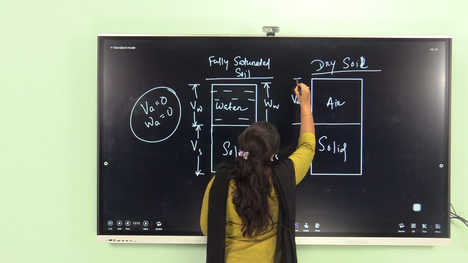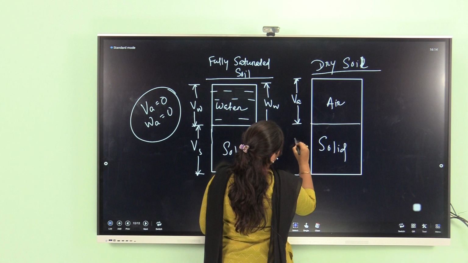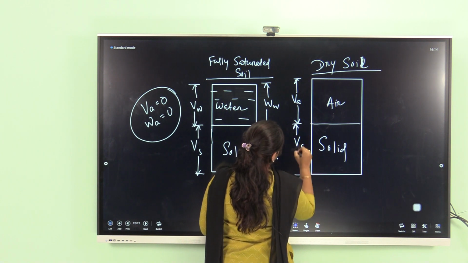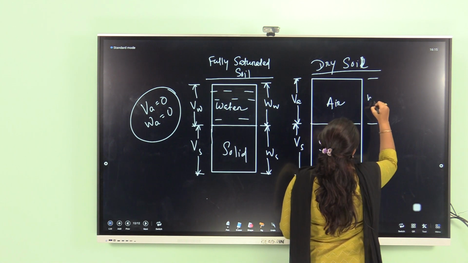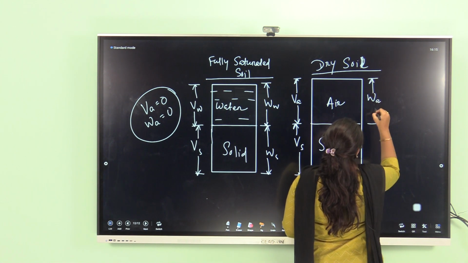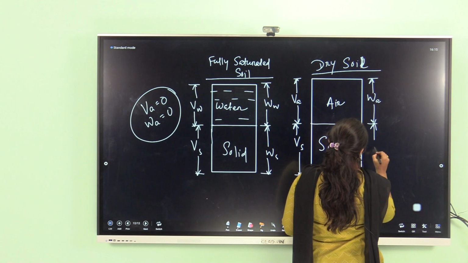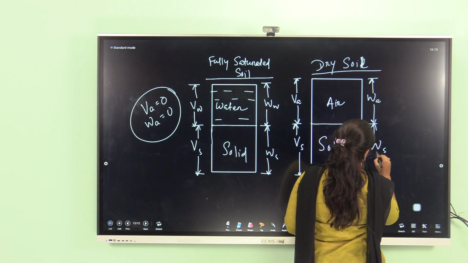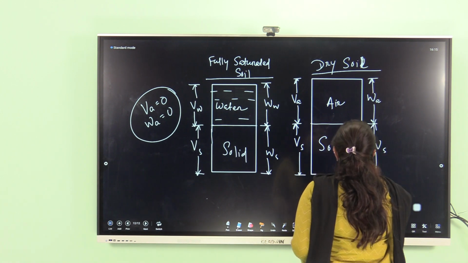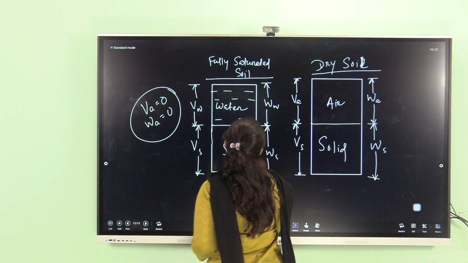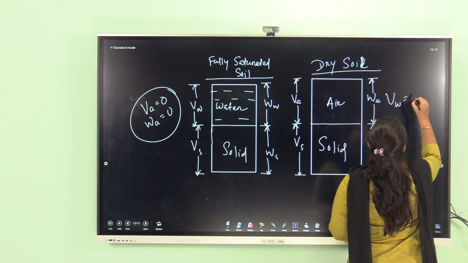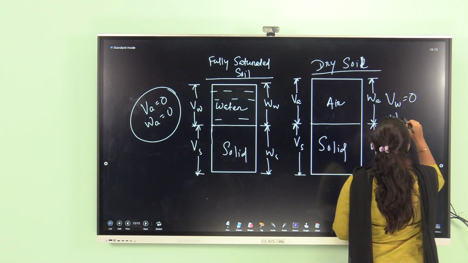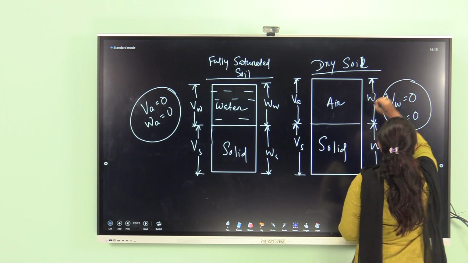So, VA and VS. Here we can write VW equals to 0 and weight of water equals to 0.